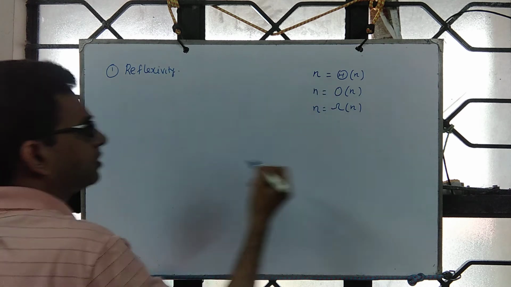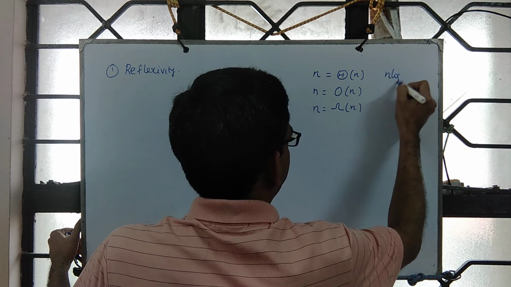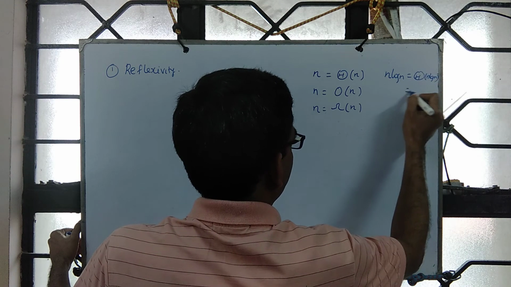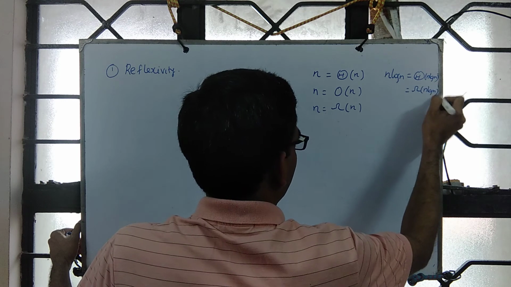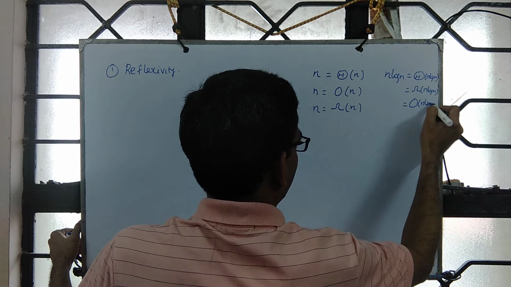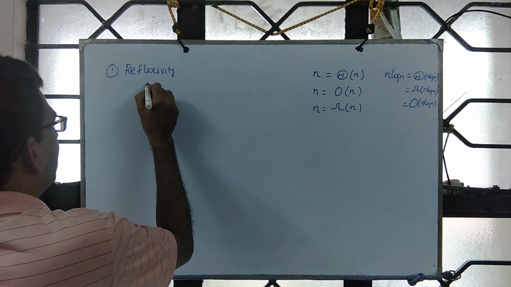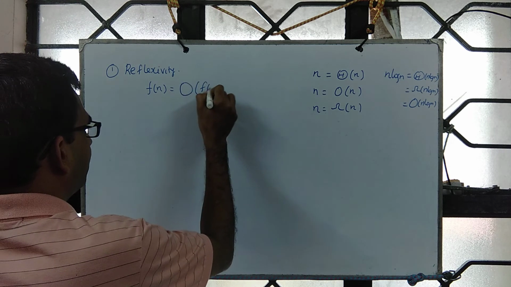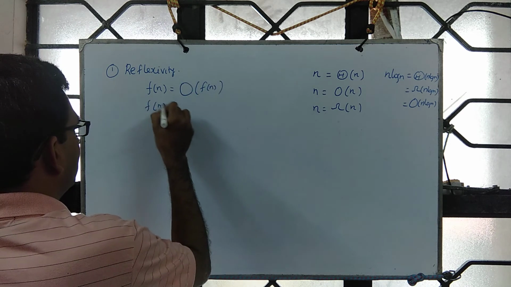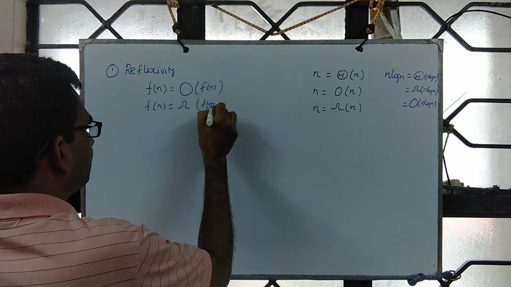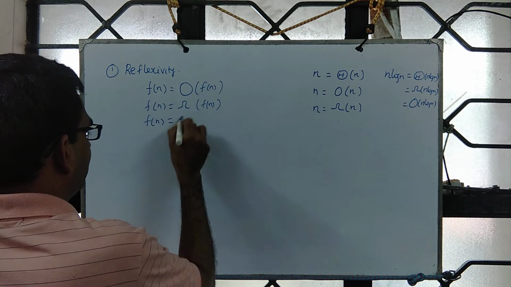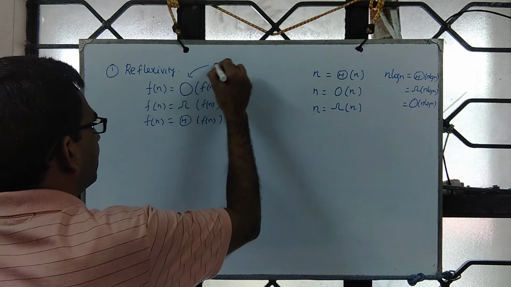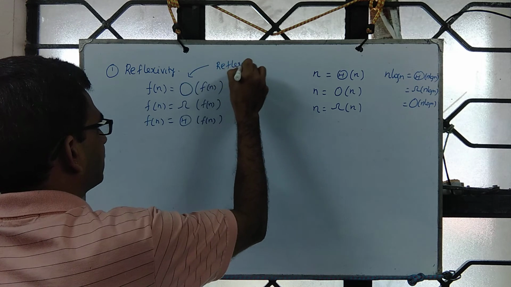This can be generalized. You can see that n log n is theta of n log n, and n log n is omega of n log n, and this is order of n log n, which means in general if f of n is an asymptotic function, f of n is order of f of n, f of n is omega of f of n, f of n is theta of f of n, which means these operators satisfy the reflexive property.